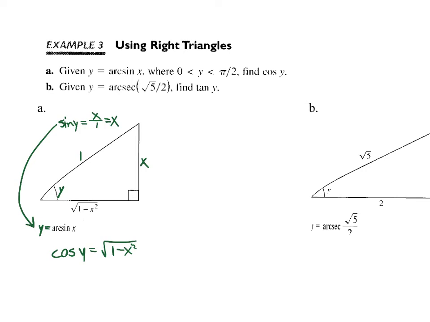If y is the arc sine of x, we could say y is also the arc cosine of the square root of 1 minus x squared. Okay? They didn't ask for what y was specifically, they just asked for cosine.